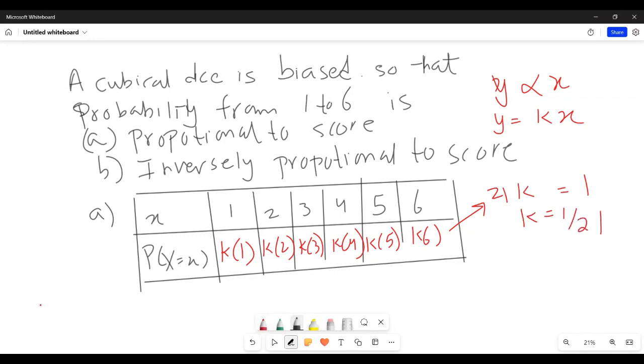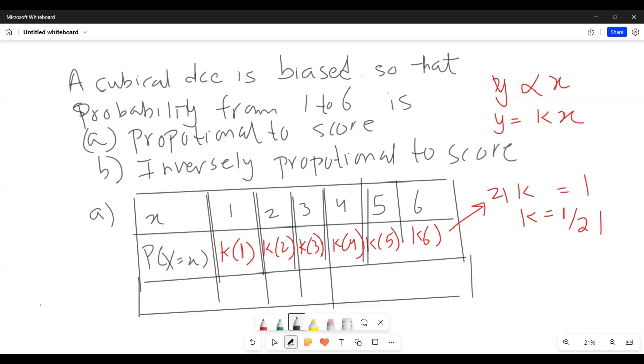Now draw the table again. I'm just adding a third row because I'm lazy. You will draw the table again. ऊपर x और नीचे नया वाला px. Probability x equals x. So k is 1 by 21. So this would be 1 by 21, 2 by 21, 3 by 21 can be written as 1 by 7.